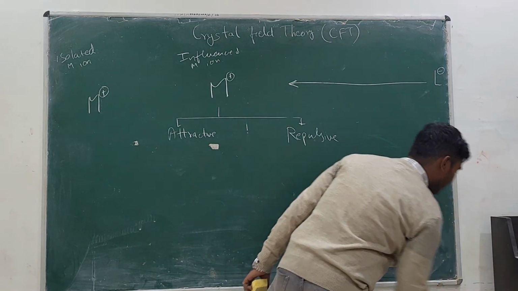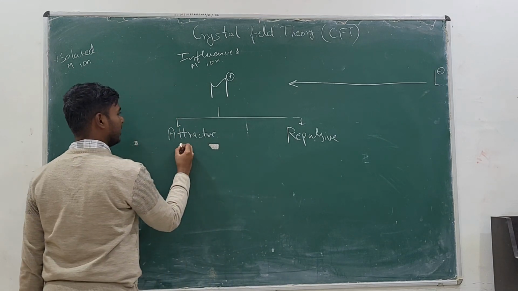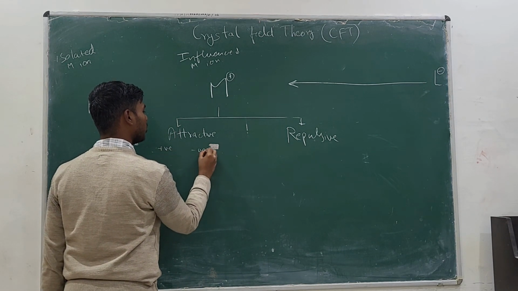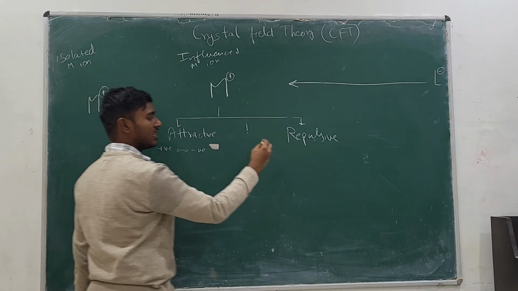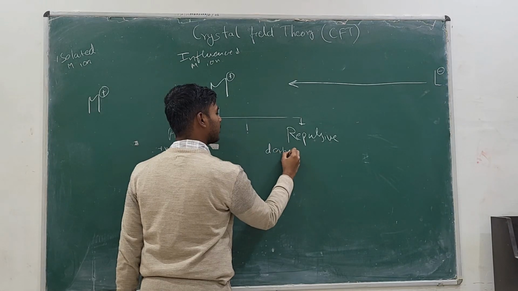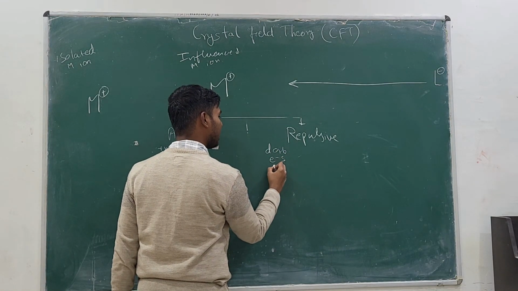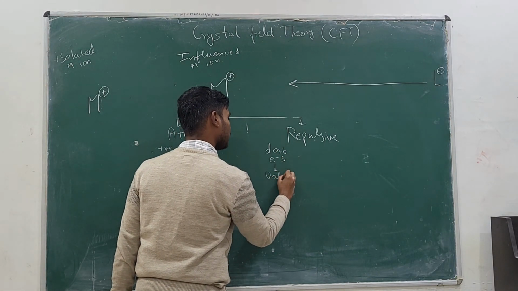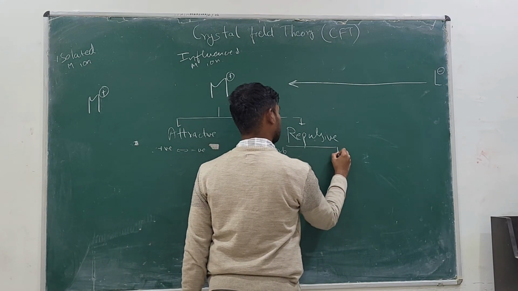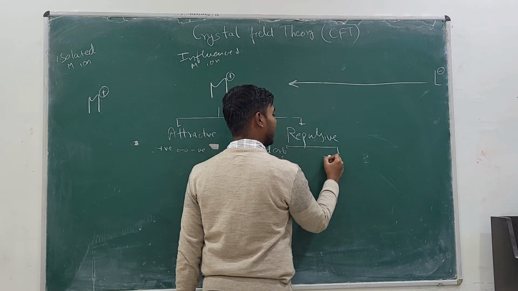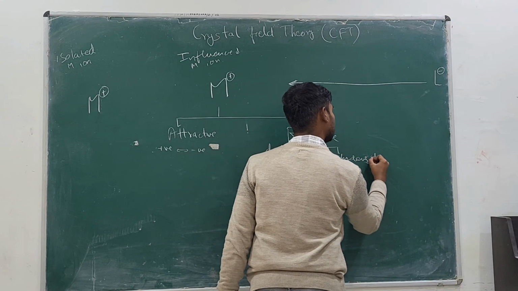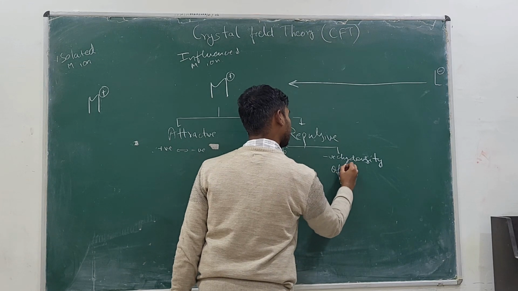Attractive forces are between the positive charge of the metal and the negative charge of the ligand, whereas repulsive forces are between the d orbital electrons, which are our valence electrons, and the negative charge density of the ligand.